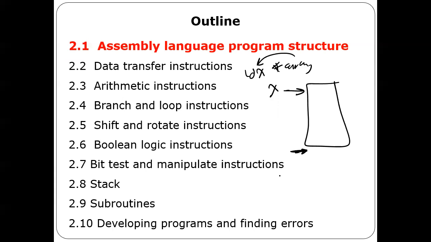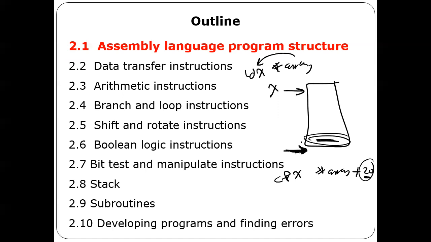Then in every iteration I compare X to array plus, for example, 20, the number of elements. So I'm going to do a for loop; in the last iteration I work on this element.